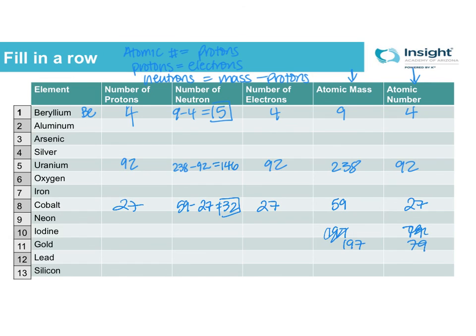Protons equals atomic number, and protons has to equal electrons to be neutral. And 197 minus 79, I'll do that in my head right now, is 118 neutrons. If you have questions about this, let me know.